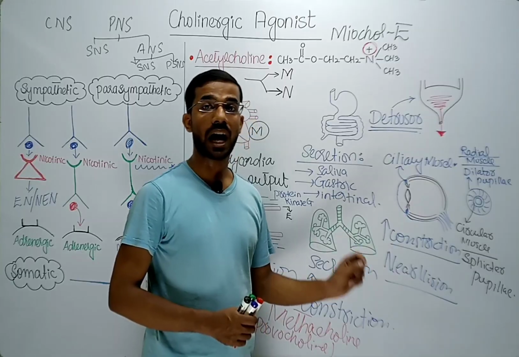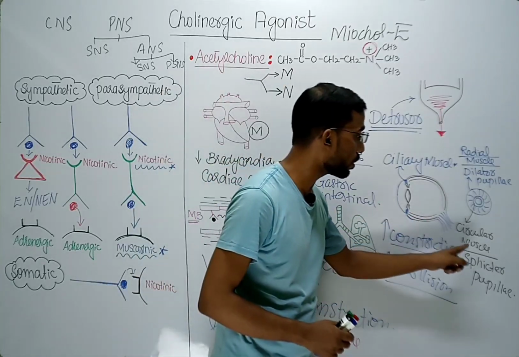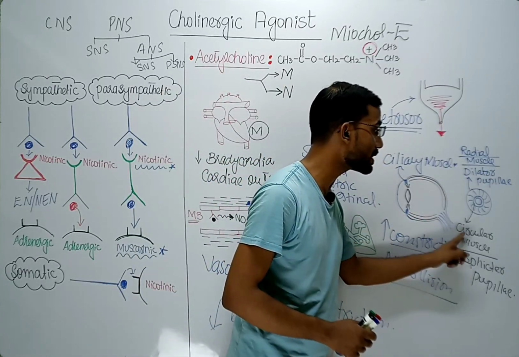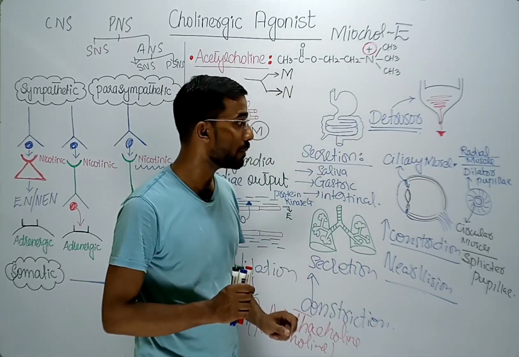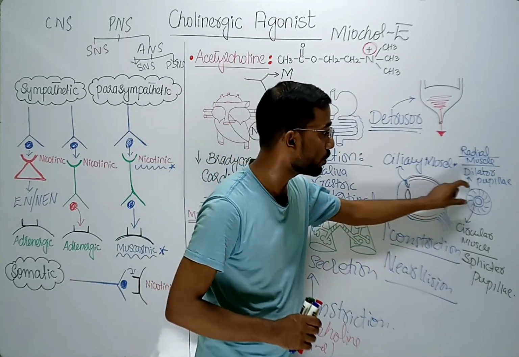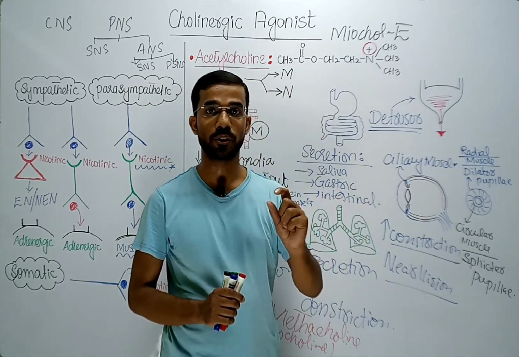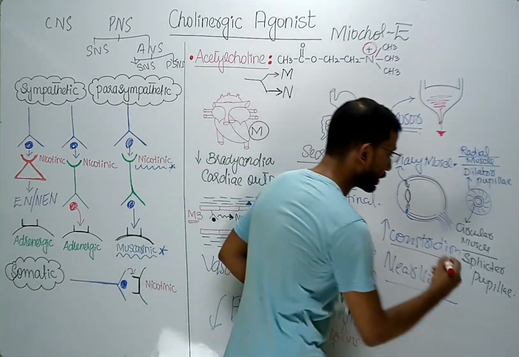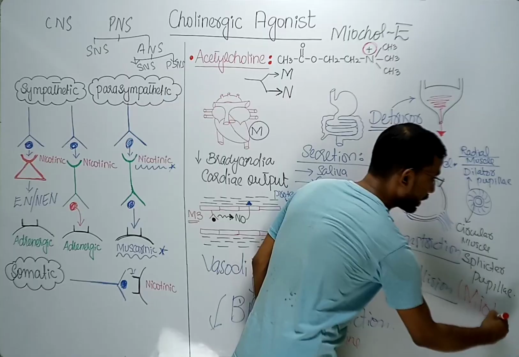So acetylcholine produces its effects on the sphincter pupillae, or the circular muscles, and ultimately due to the contraction of these muscles, you will see the size of the pupil start reducing, and this process is called the miotic effect.